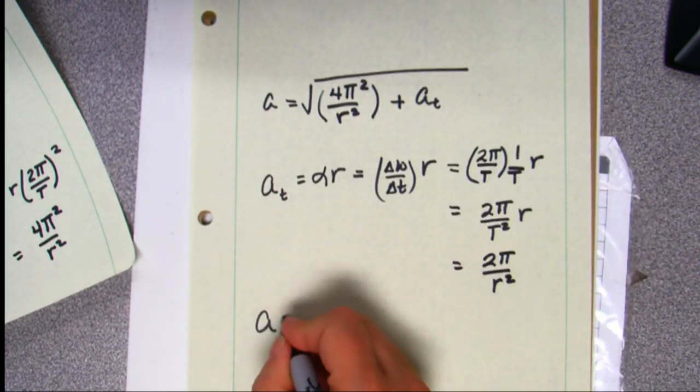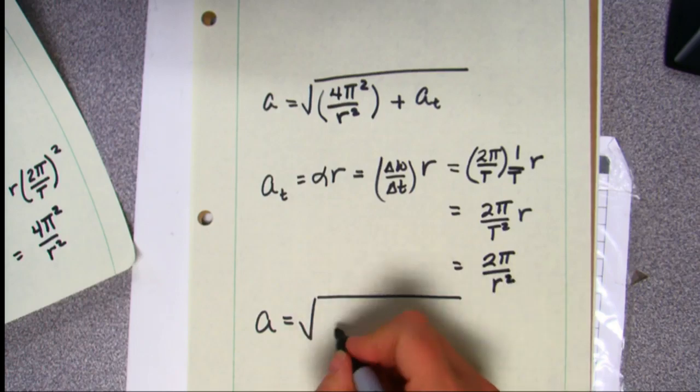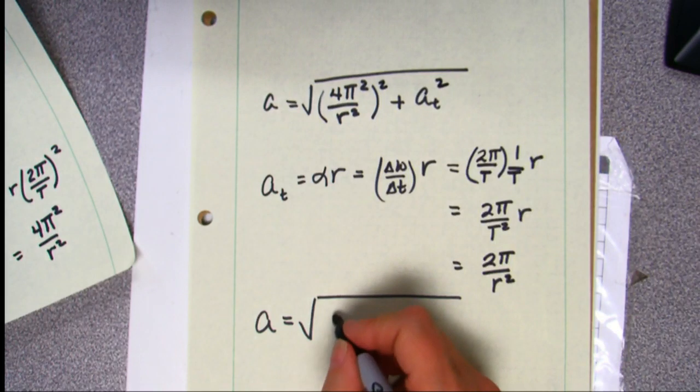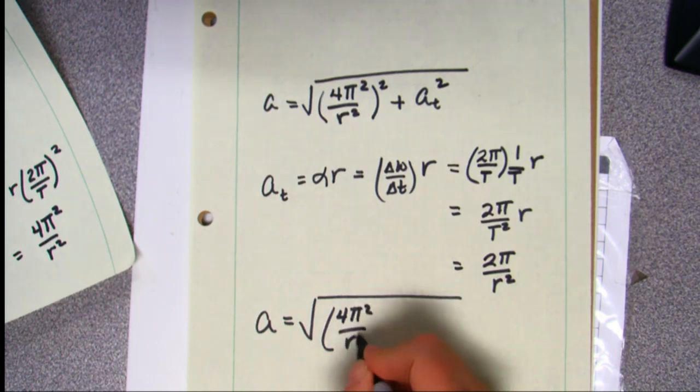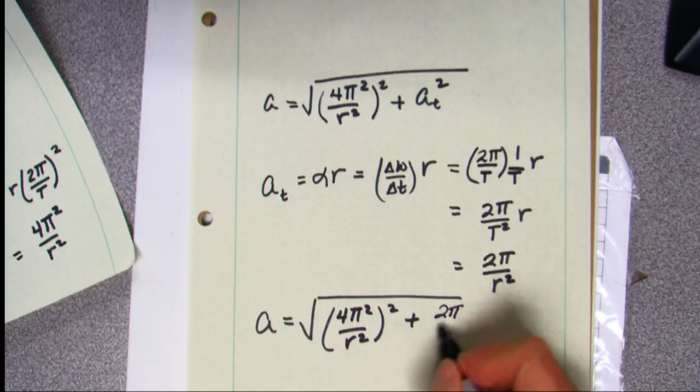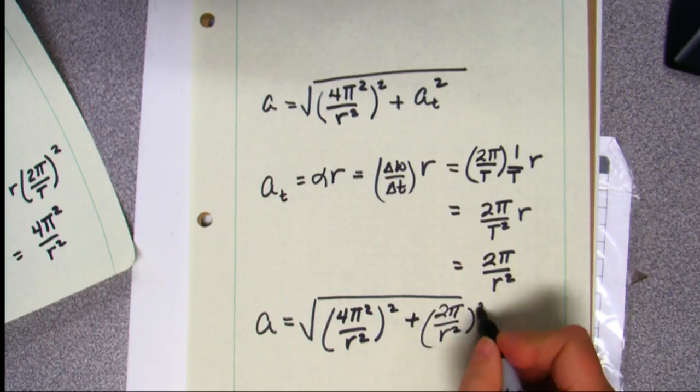So now I get alpha, or my A is, I forgot to square that. I forgot to square that. So it becomes 4 pi squared over r squared plus 2 pi over r squared, squared.